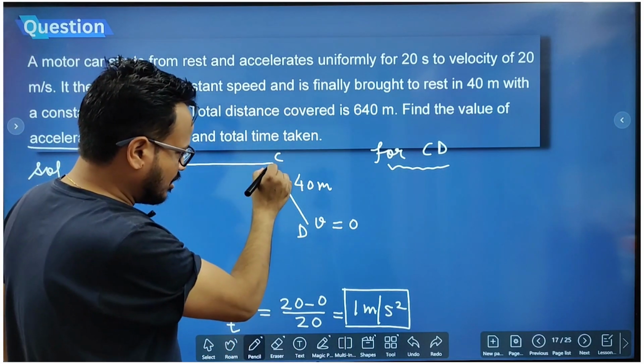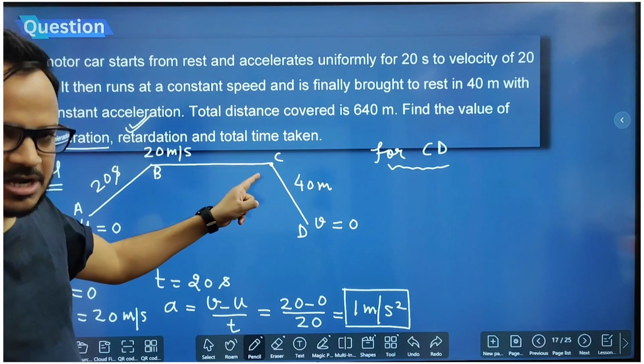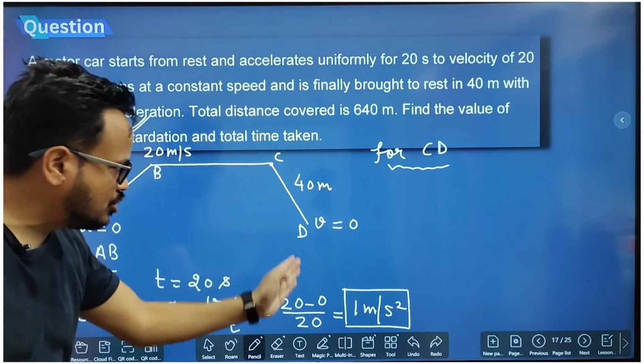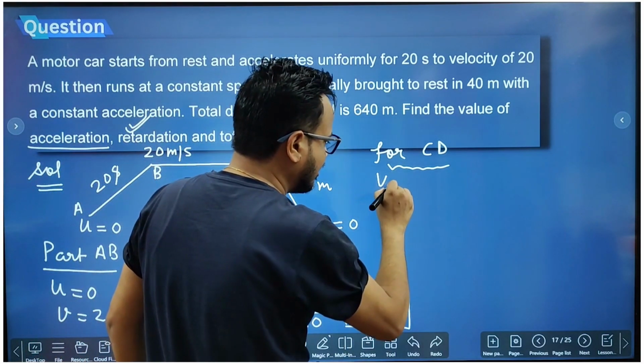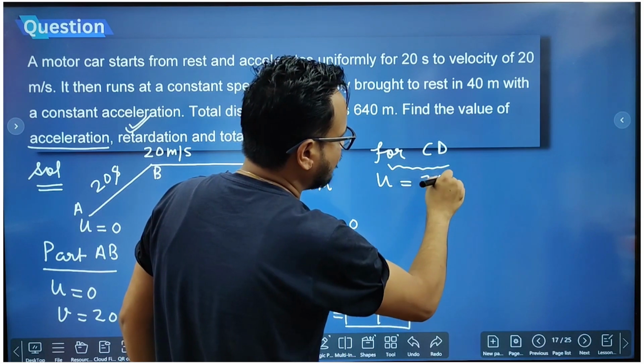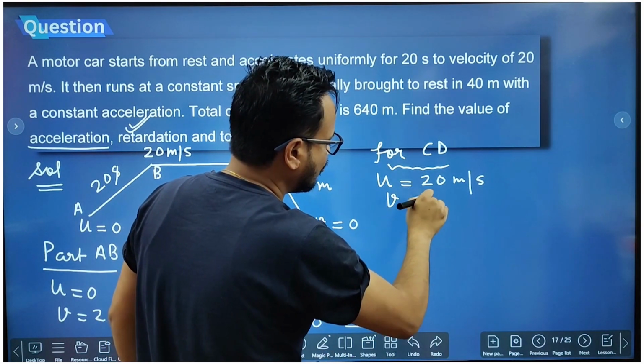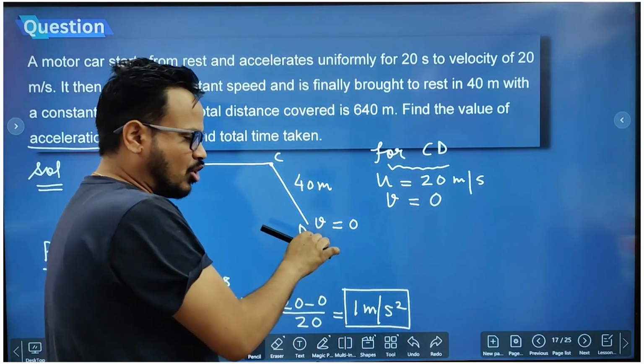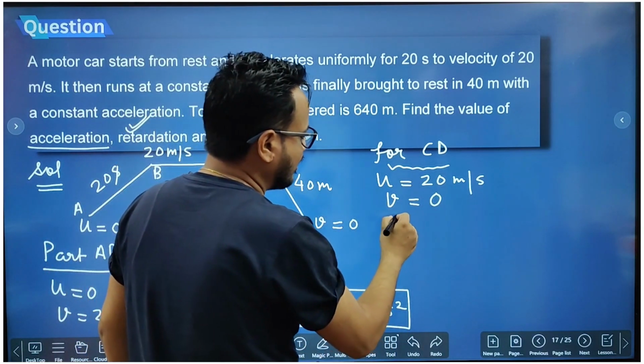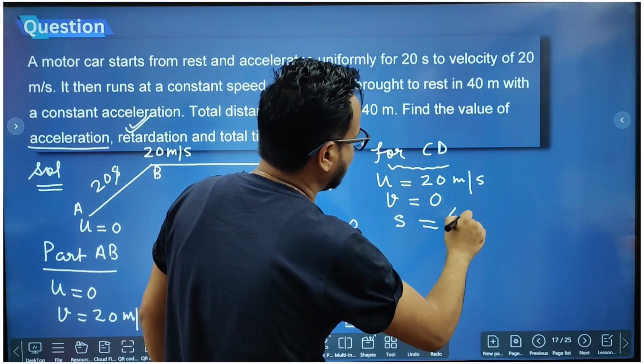At this point, the velocity is 20 meter per second, which can be taken as u for part CD. So u is 20 meter per second and v is 0 because the body is finally at rest, and the displacement is 40 meter.